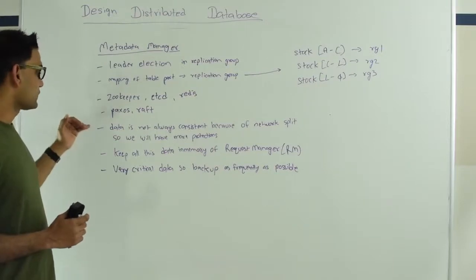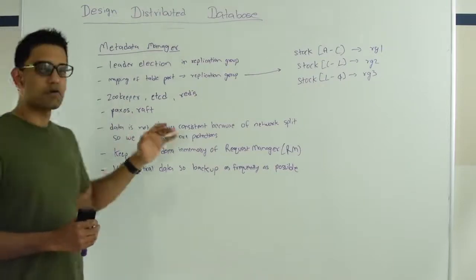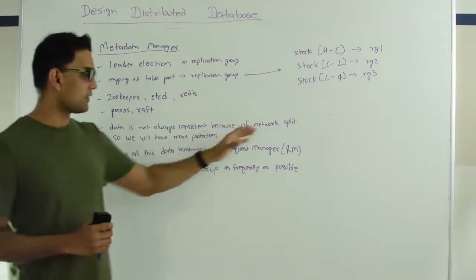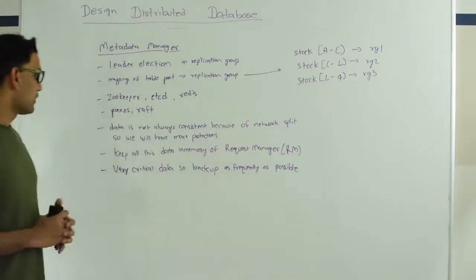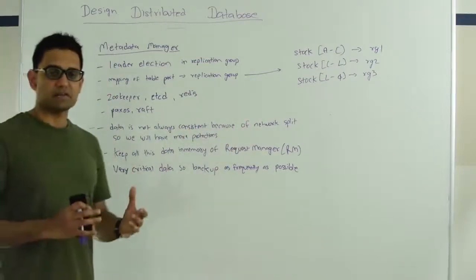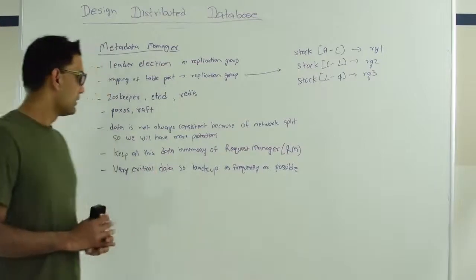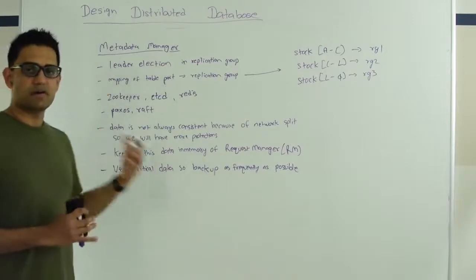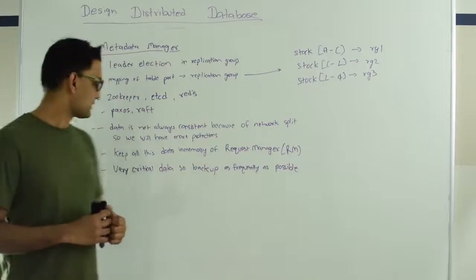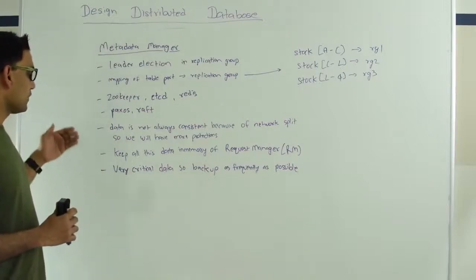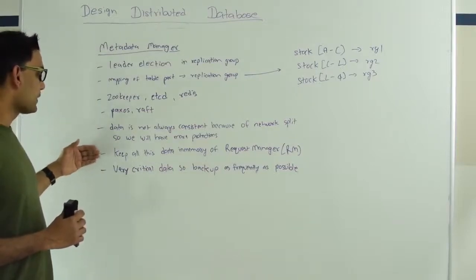Data stored in the metadata manager is not always going to be consistent because of network split. So we'll add more protections at the replication group level so that we are not in an incorrect state. Also, we try to keep all data in memory.